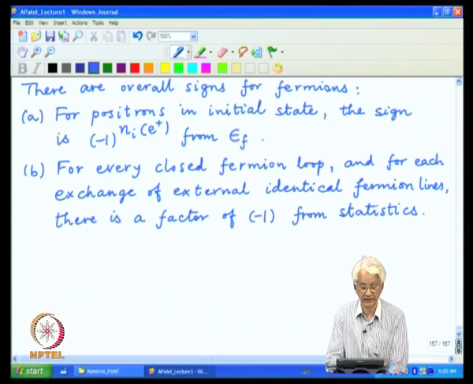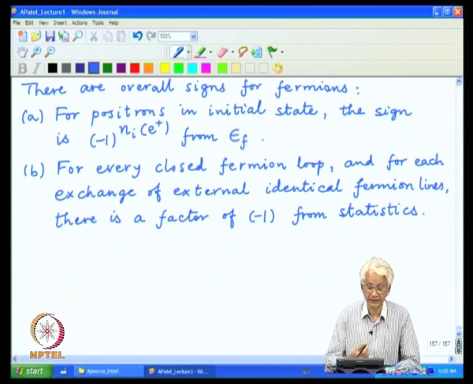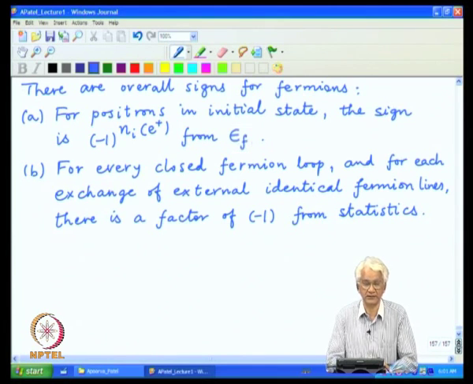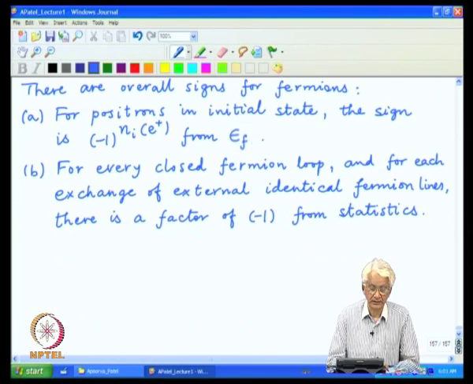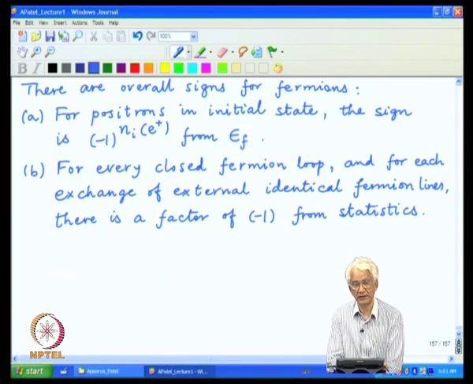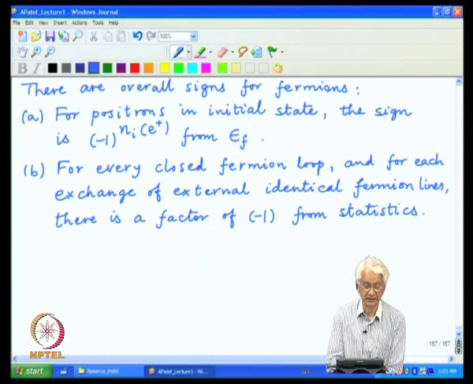In dealing with the single particle theory, we have not seen statistics directly, but in a field theory it has to be properly included, and for the fermions, the anti-commutators between various fields, they produce this statistical sign of minus 1 when two of them are exchanged, and the closed fermion loop is related to this statistical sign, as I have illustrated in analysis of the Lorentz group, that it is something which can be visualized as a rotation by 2 pi, and that rotation by 2 pi produces the same sign as the sign for the statistics.